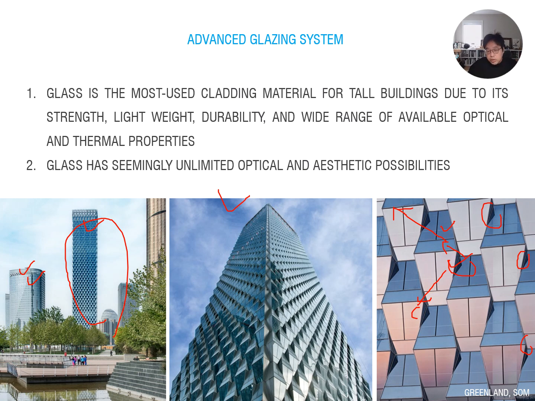Therefore, you have to consider how you design the cladding system and the curtain system. Sometimes, rather than just designing the cladding system following the typical conventional curtain system, you'd better think about this kind of modular system to make your facade more volumetric.